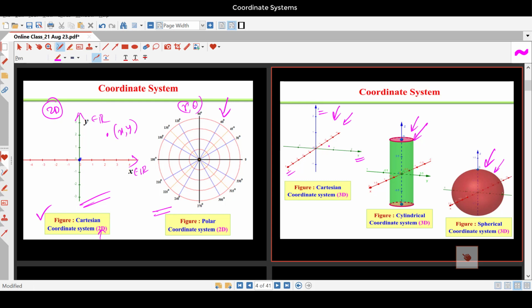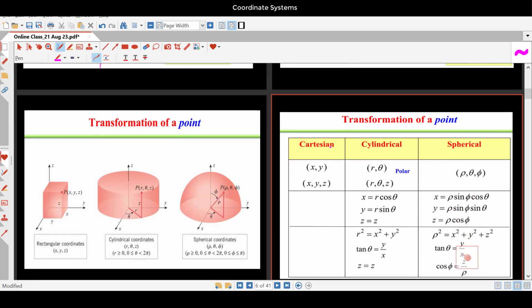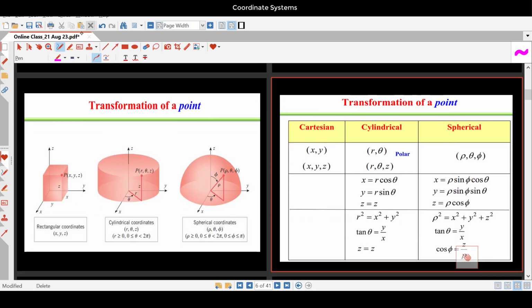Now we have also discussed all these concepts: in the Cartesian coordinate system a point is denoted by x, y, z. In 2 dimensions we just need x comma y.